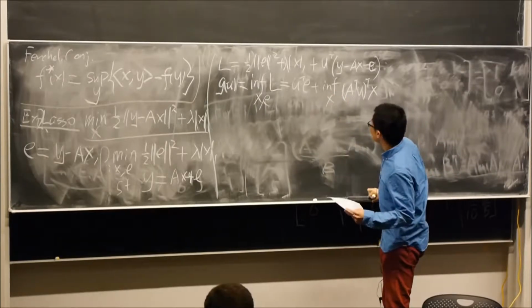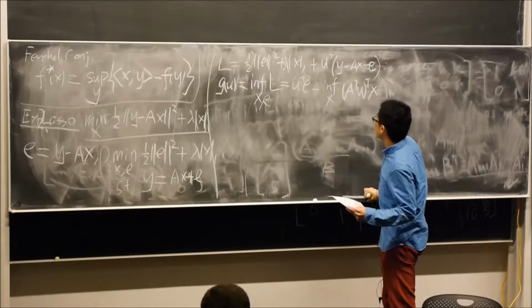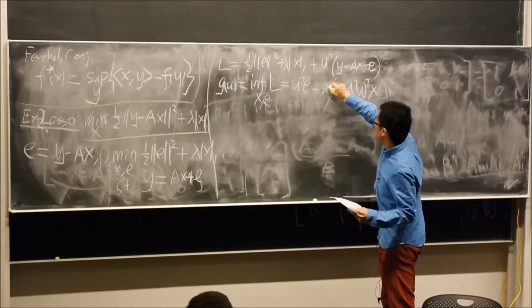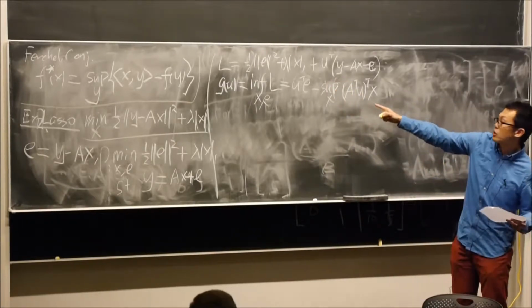Let's also do this: we add a minus sign and invert all the terms in it, and instead of using inf, we take the supremum so that it gives us the Fenchel conjugate form.